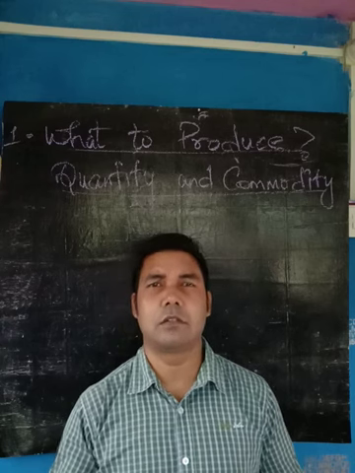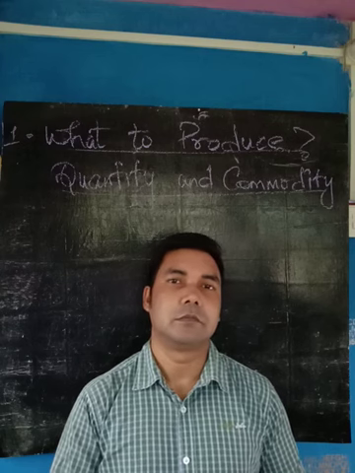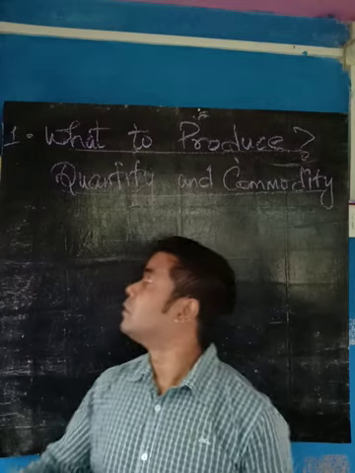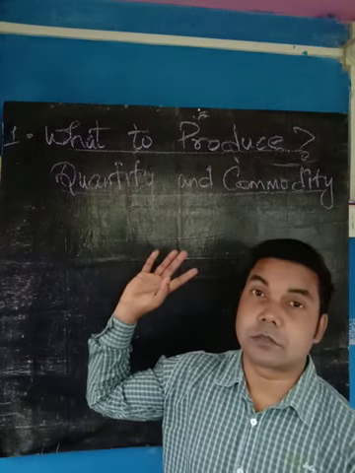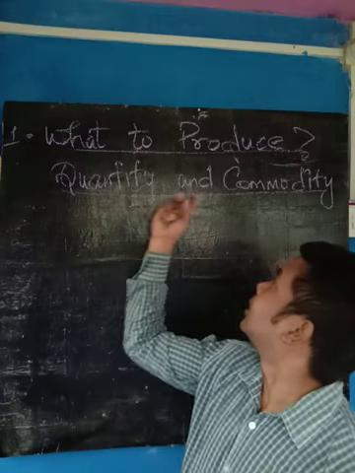All the items should be the branded, costly ones. So what to produce, it depends. Quantity, what quantity? As I told, what commodity?